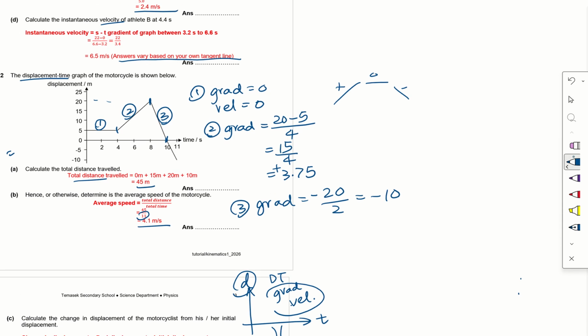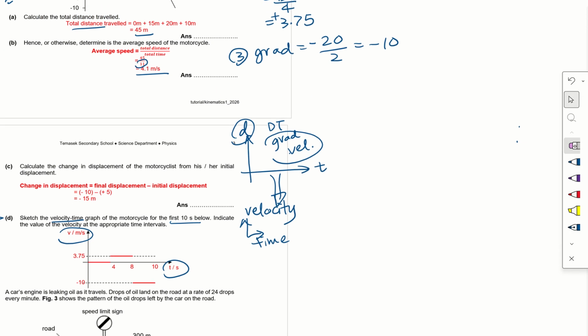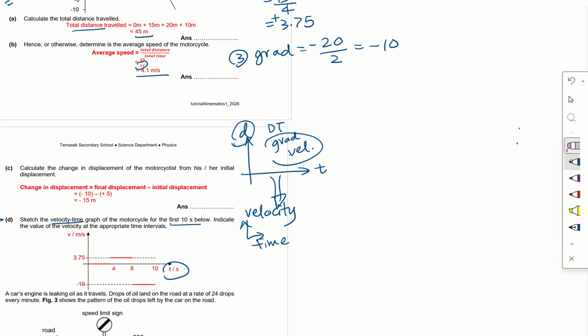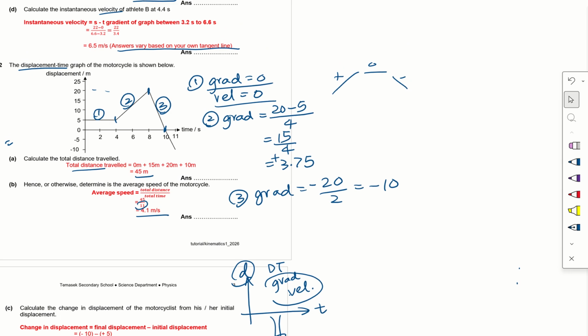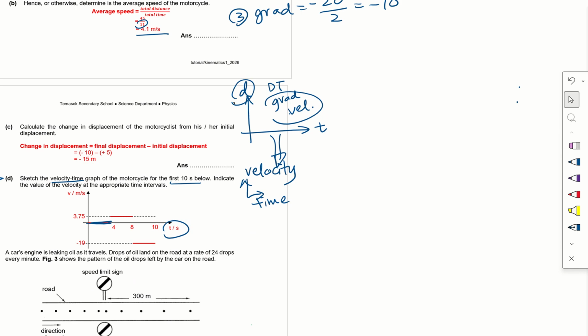By calculating the gradient, which means we can find the velocity, we see that the velocity is 0 for part 1. That is why over here, I map my velocity to be 0. It is a constant value of 0, right? So from 0 to 4, it is 0.